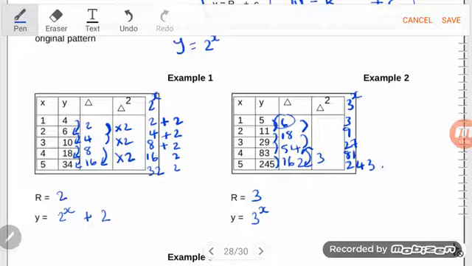Okay, so does that give us our numbers that we had originally?